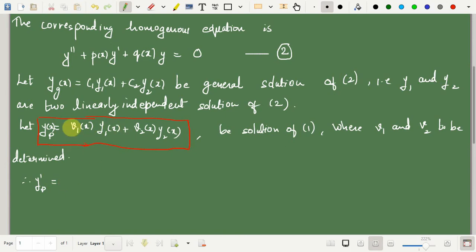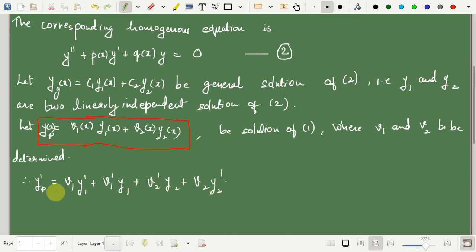For the first term we use the product rule, so that is the same as v1 y1 prime plus v1 prime y1, and this would be the same as v2 prime y2 plus v2 y2 prime.